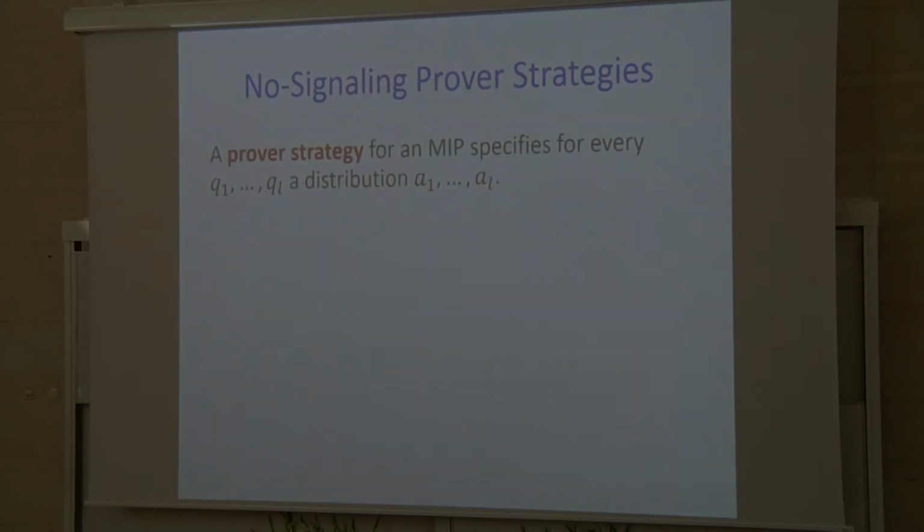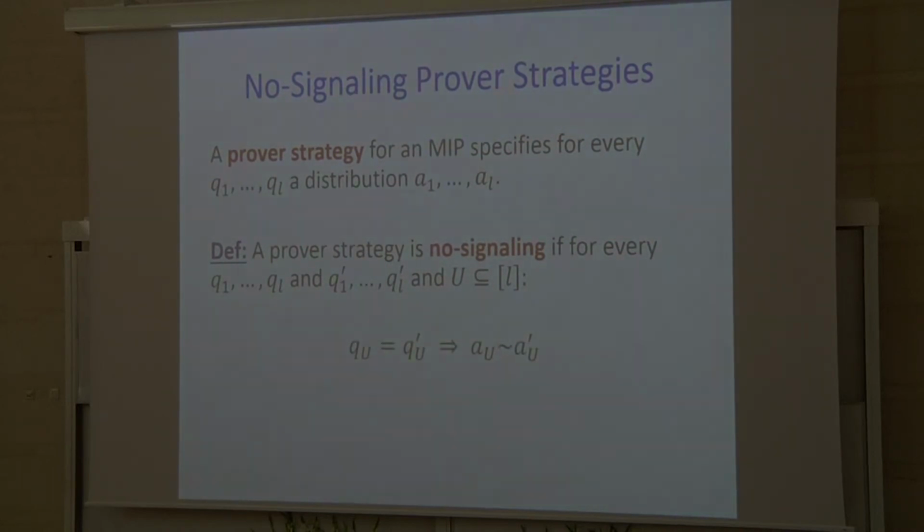So in full generality, when we have an MIP, I want to consider a general prover strategy. It just says for every sequence of L queries, what is the distribution of the L answers? That's a very general prover strategy. If you're talking about a standard MIP, then this prover strategy actually needs to be a product distribution because each answer only depends on that specific query. In the no signaling setting, the idea is as follows.